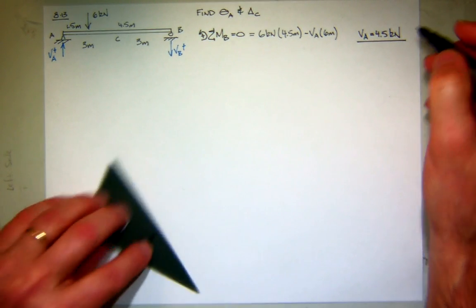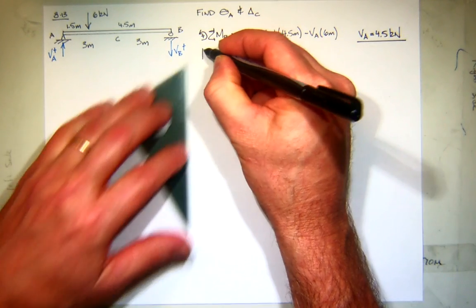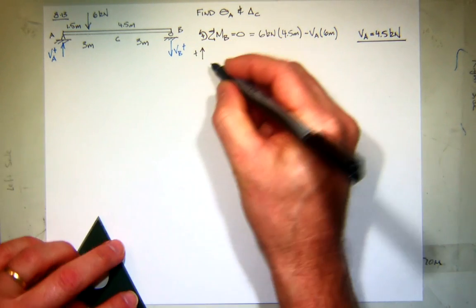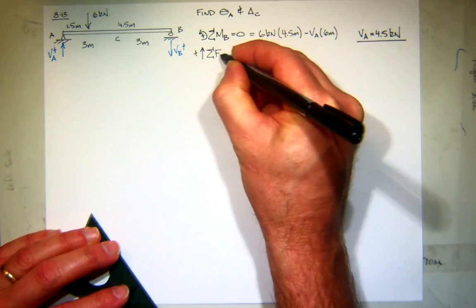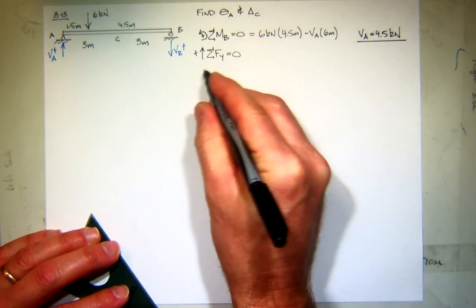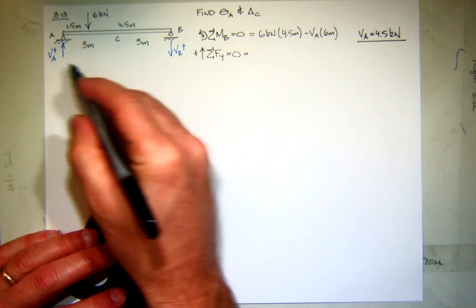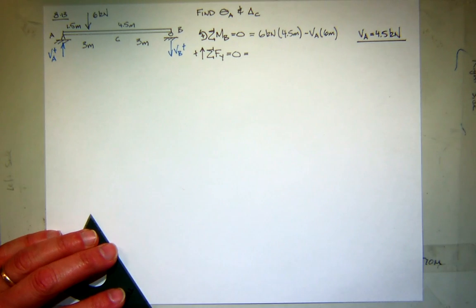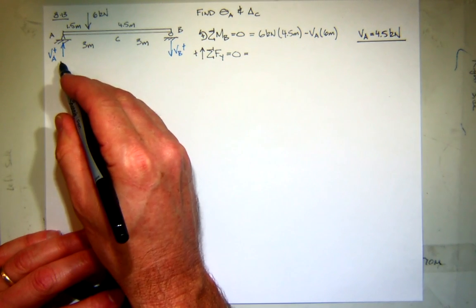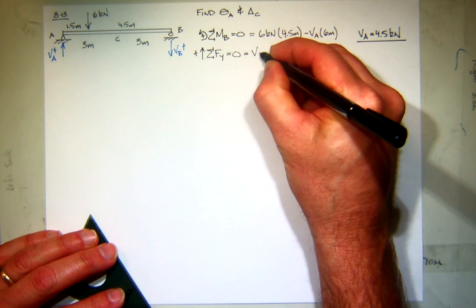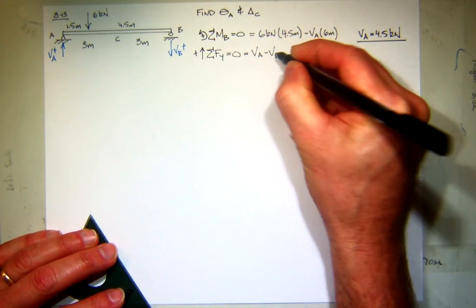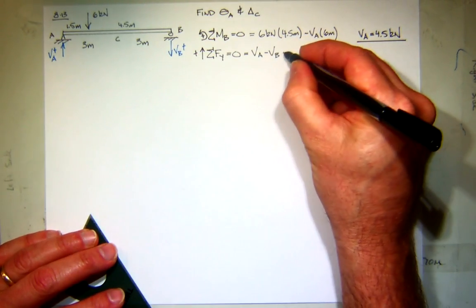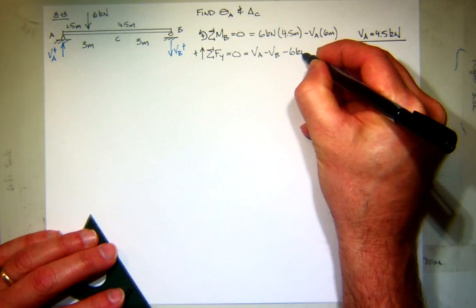That was convenient. Let's sum forces in the y direction. I'll assume up is positive, and make sure it's in equilibrium, and then that will give me the value for the shear at B. So looking at these forces, the shear at A is up, the shear at B is down, and then I have the applied 6 kilonewton force also down.